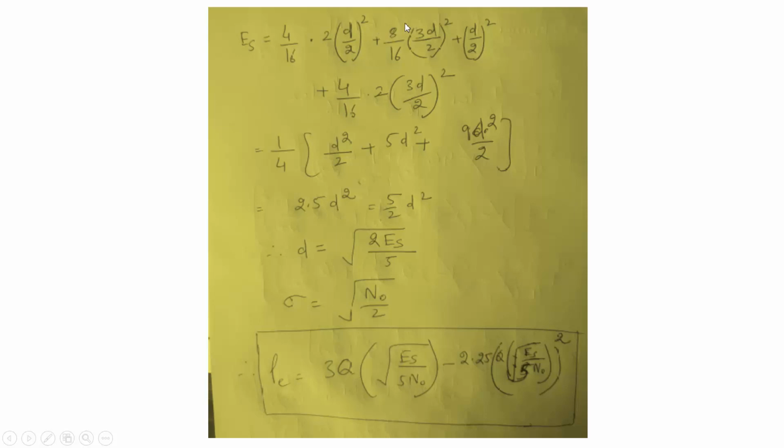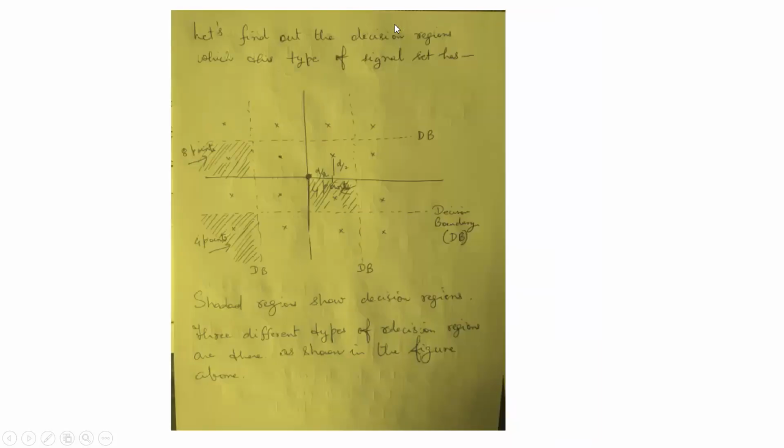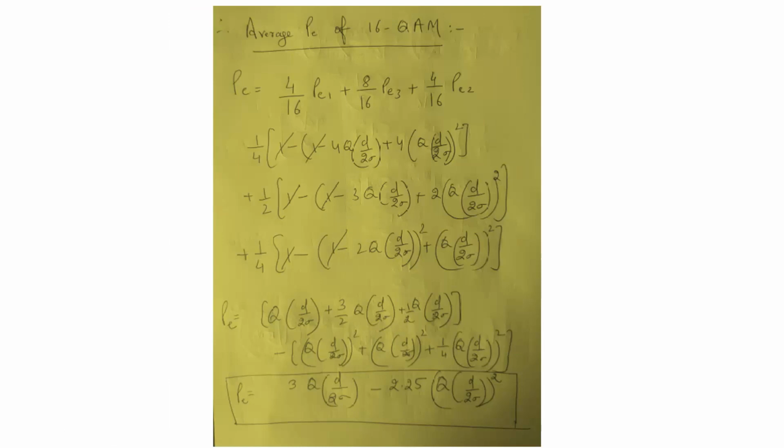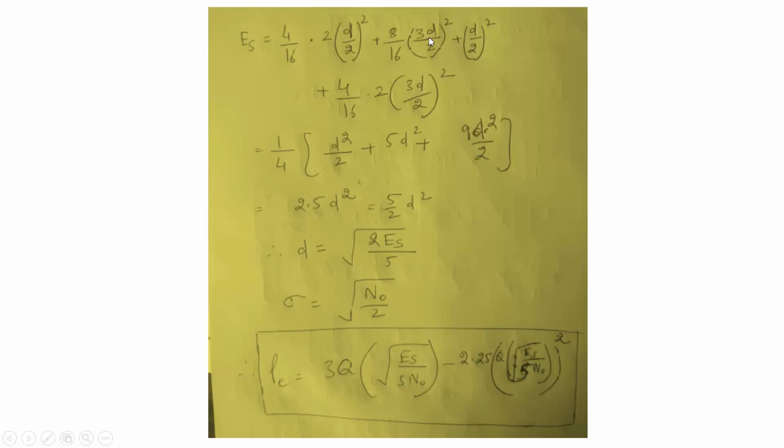There are 8 points of the second type, whose distance from the origin is 3d by 2 on the x-axis and d by 2 on the y-axis. So it is 3d by 2 whole square plus d by 2 whole square, into 8 by 16.